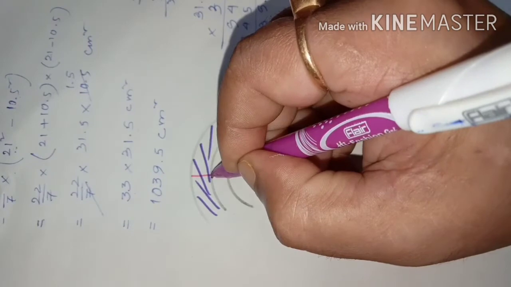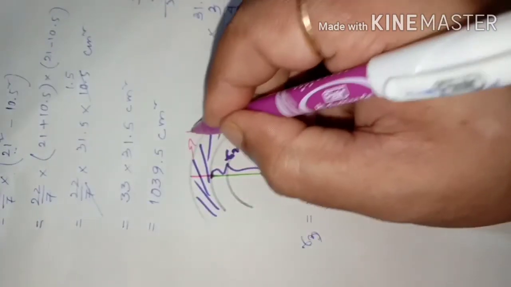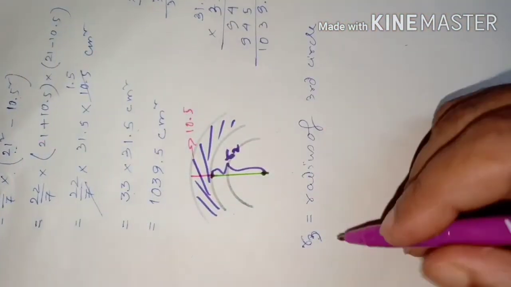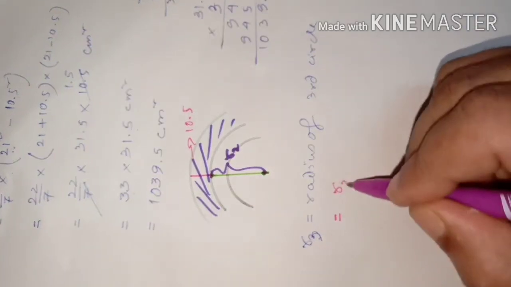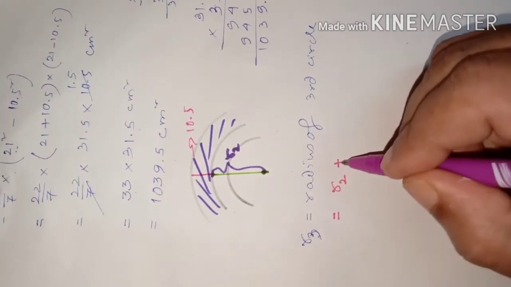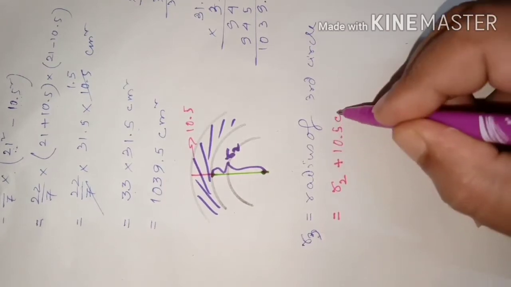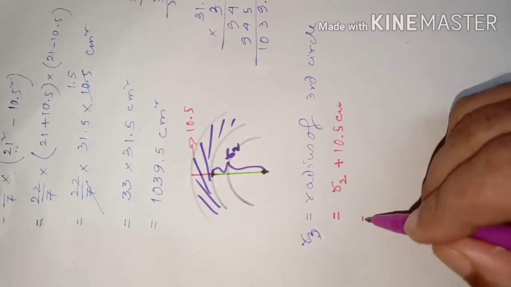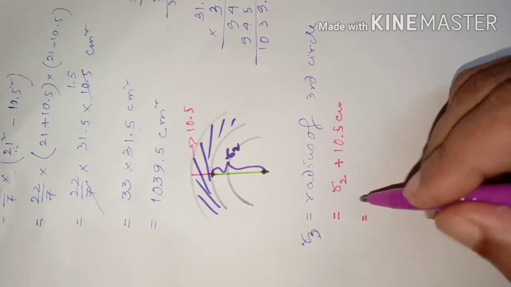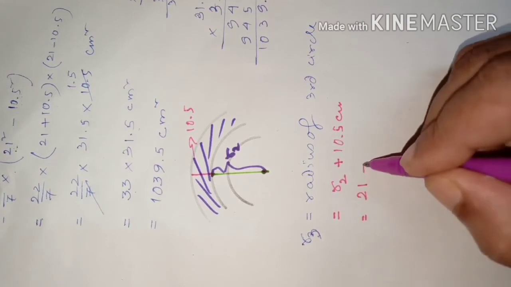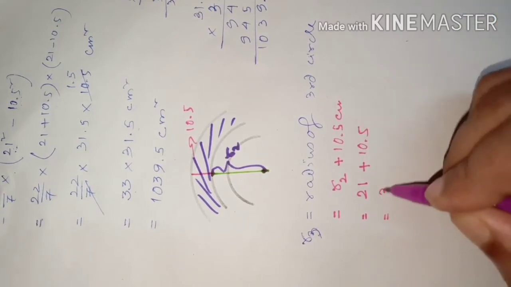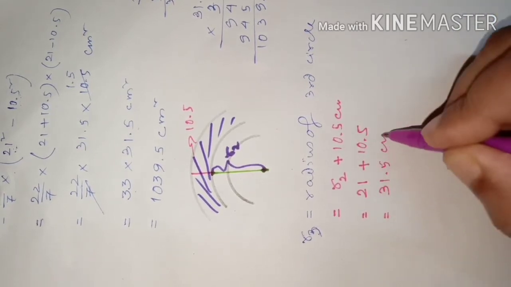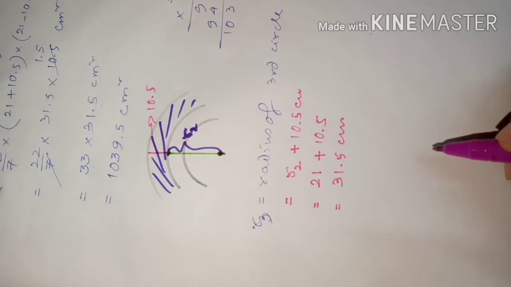So the radius of the third circle will be the second radius plus 10.5 centimeter extra. The second circle's radius was 21, plus 10.5, so it will be equal to 31.5 centimeter.